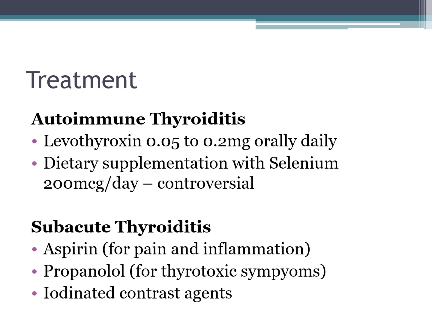Regarding treatment of autoimmune thyroiditis, if the patient is in the hypothyroid state, then levothyroxine about 50 micrograms to 150 to 200 micrograms per day is required, along with selenium 200 micrograms per day. For subacute thyroiditis, de Quervain's thyroiditis, for pain and inflammation control we need NSAIDs like aspirin.